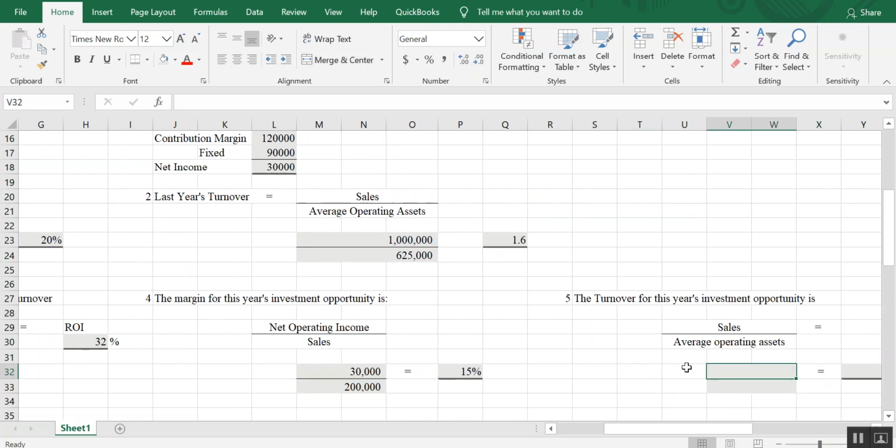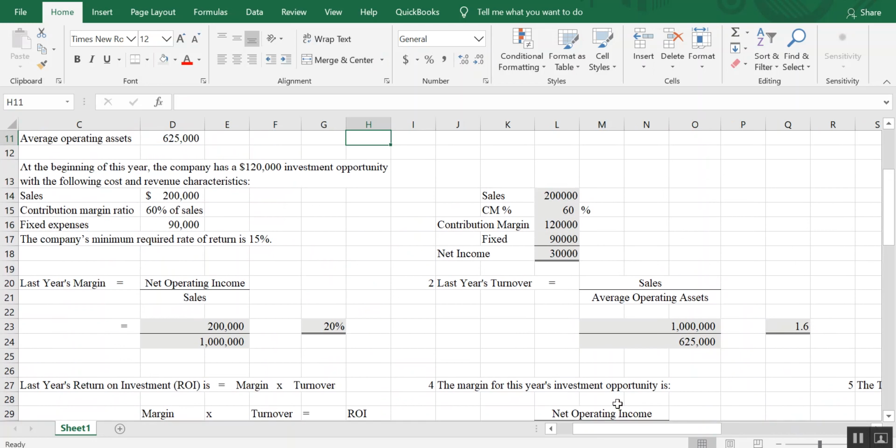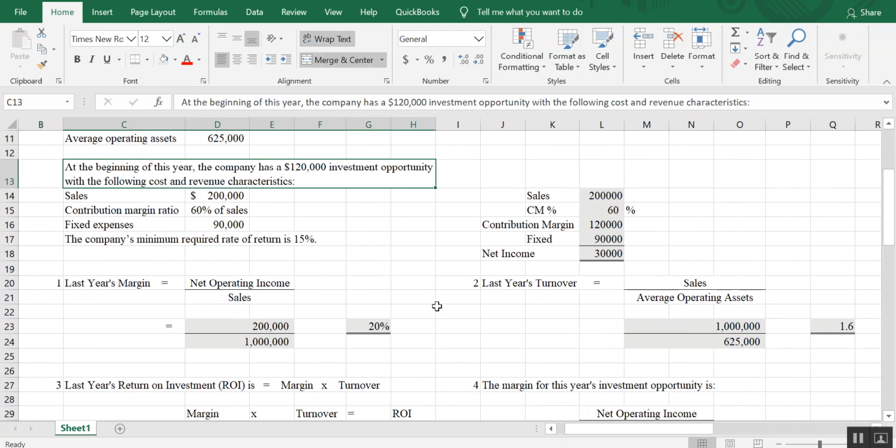Number 5, they ask, what is the turnover rate? Well, we have the sales right here of 200,000. And they ask for average operating assets. Now let me explain this to you. We're going to go up here and consider this $120,000 to be the average operating assets.